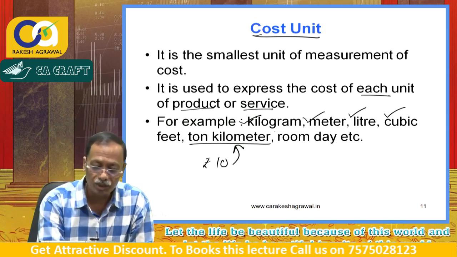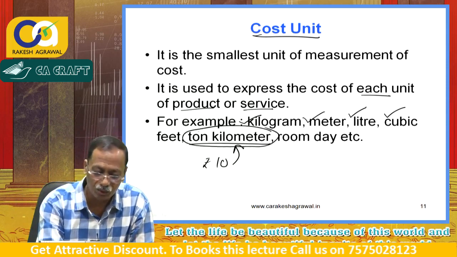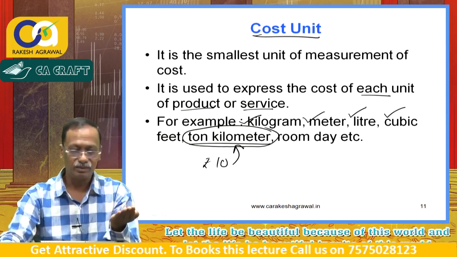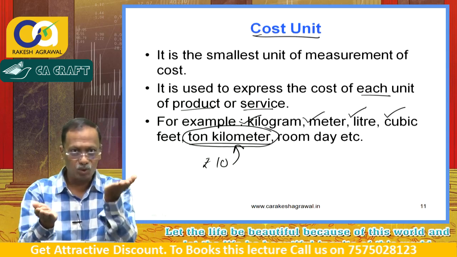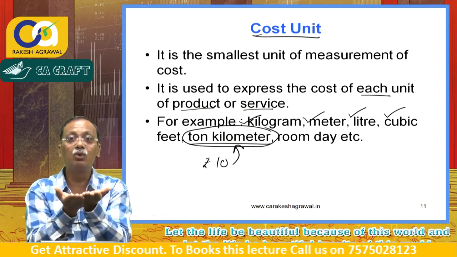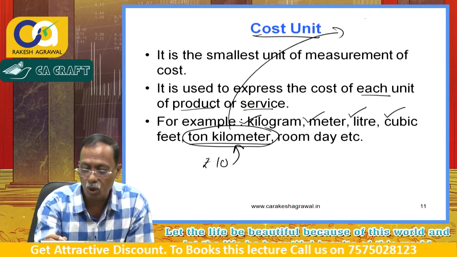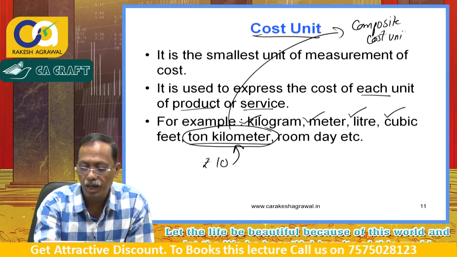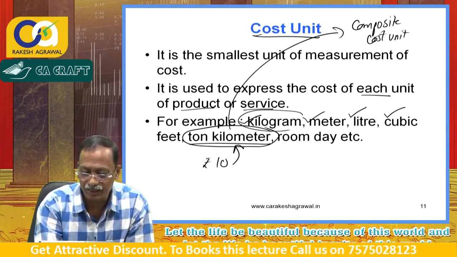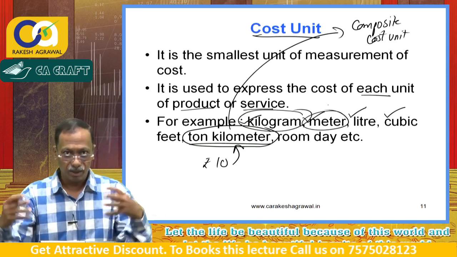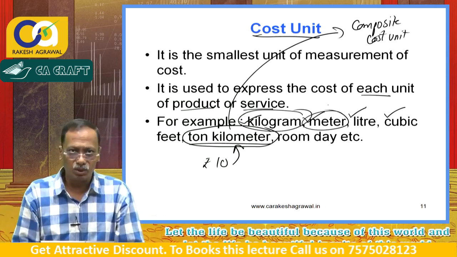It is called a composite cost unit because two units are used: ton, that is weight, and kilometer, which is distance. When 2 units are used together, we call it a composite cost unit. And these were single cost units, just kg, just meters. But when we use 2 units together, it is a composite cost unit.